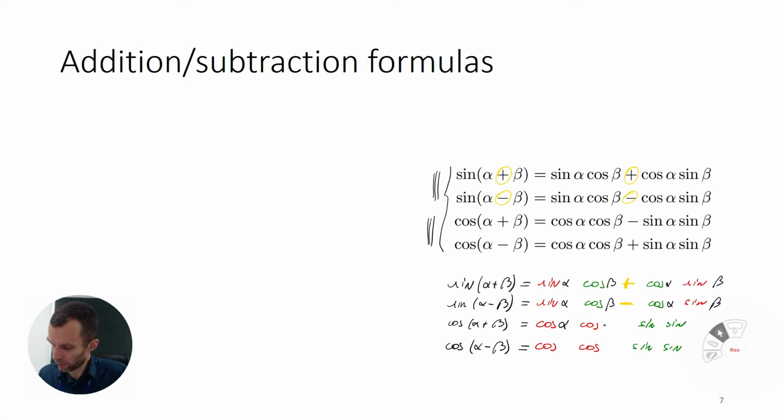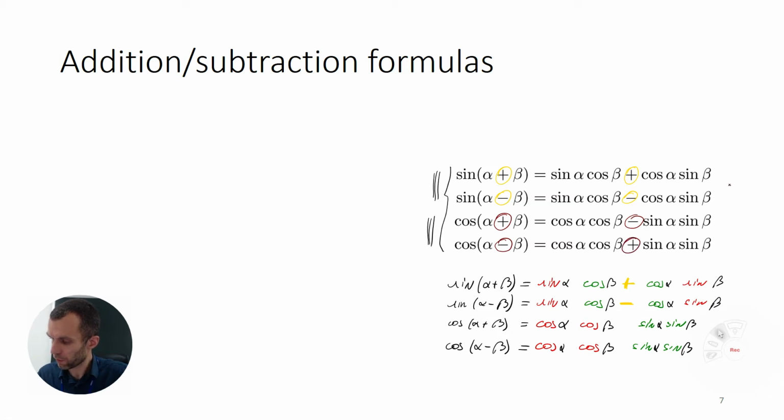Now I put the angles, alpha, beta, alpha, beta, alpha, beta, alpha, beta. So all of that stays the same. Now look at the signs. So now the signs are the opposite of what you have.